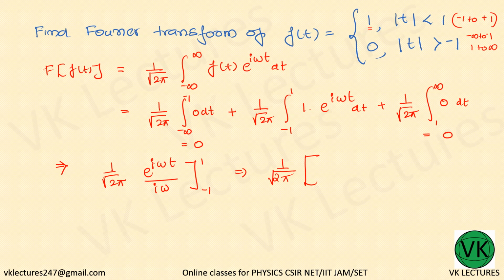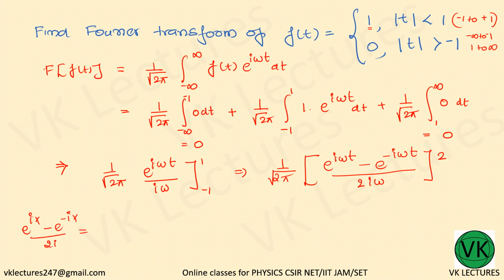First let's go with the upper limit, that's e to the power i omega t minus e to the power minus i omega t divided by i omega, and if I multiply and divide by 2, so I will multiply by 2 here and also divide by 2, so e to the power ix minus e to the power minus ix divided by 2i equals sin x.